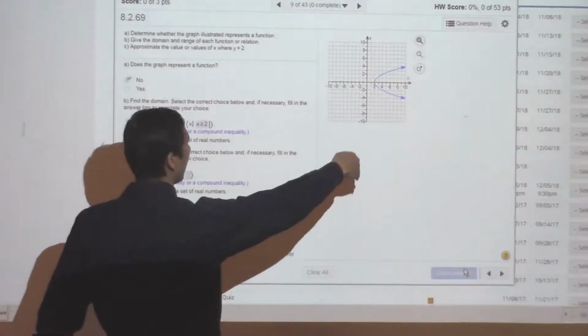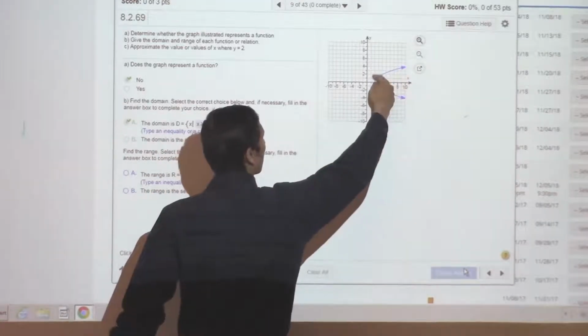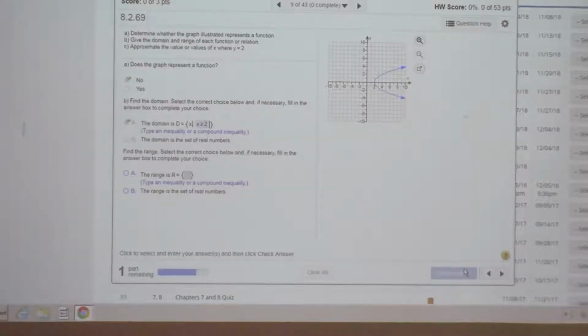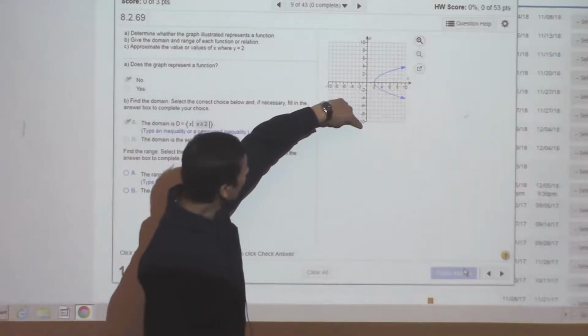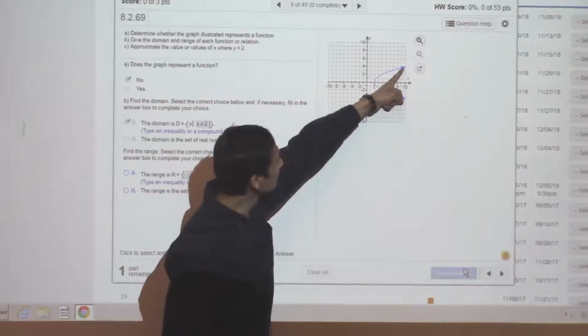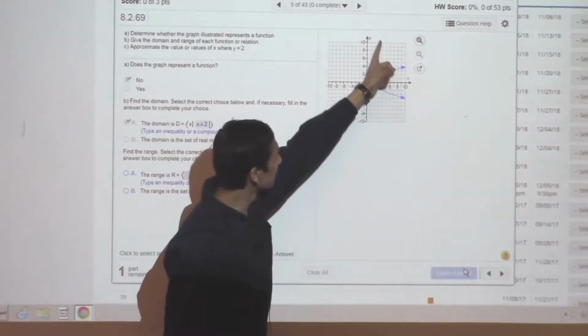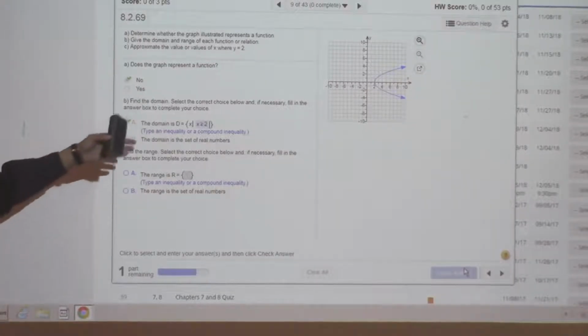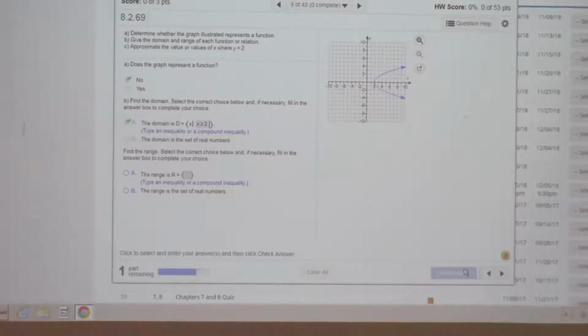Okay. And then the next part says find the range. Range are the y values, right? What y values are covered by this graph? What do you think? That's negative infinity to infinity. Yes, everything, right? All these y values are covered because these arrowheads indicate that it's continuing in that direction.